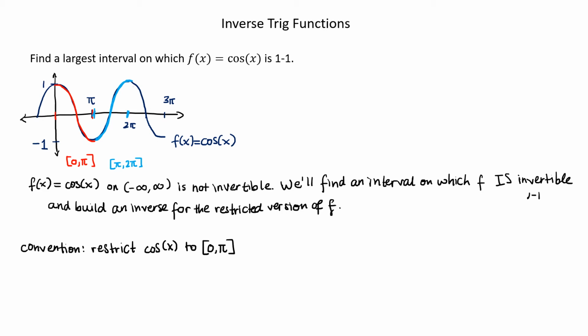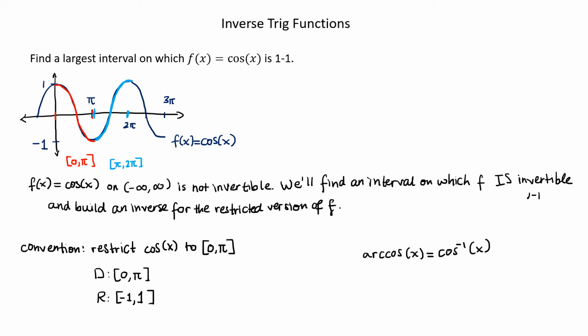We're going to call our inverse function arc cosine or cosine inverse. According to our convention, this restricted version of cosine has domain 0 to pi and range, reading off of our graph, of -1 to 1. And this one was invertible.